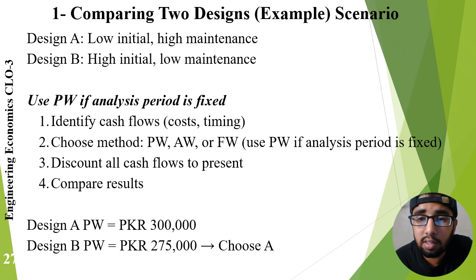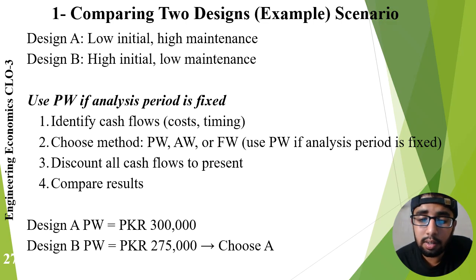Comparing two design scenarios. This is an example I have written on the slide. One design has a lower initial cost but higher maintenance expenses, and the second design has a higher initial cost but lower maintenance. Here we have to use PW if the analysis period is fixed.